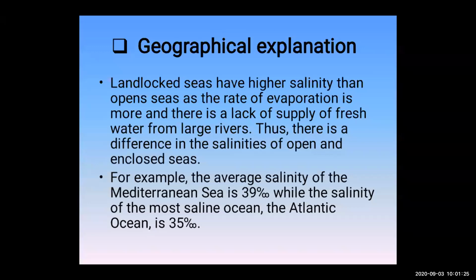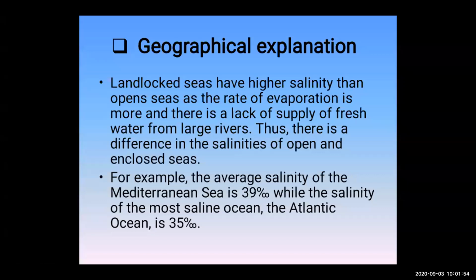The average salinity of the Mediterranean Sea is just 39 per thousand parts, while the salinity of the most saline ocean, the Atlantic Ocean, is 35 per thousand parts.